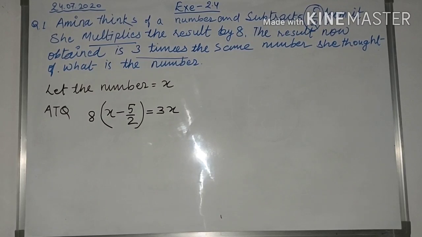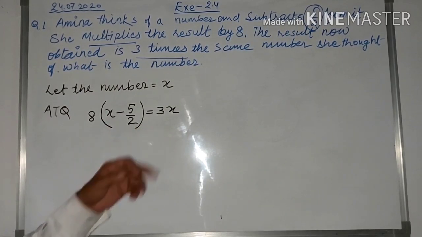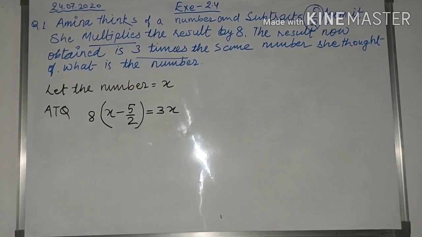The equation is 8 multiplied by (x minus 5 upon 2) is equal to 3x.